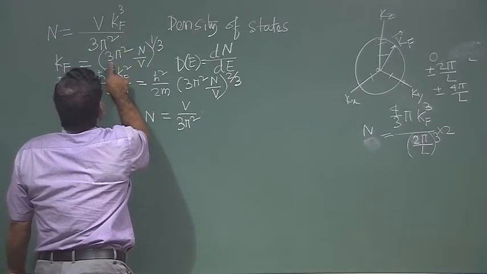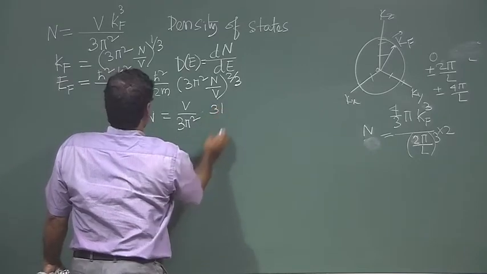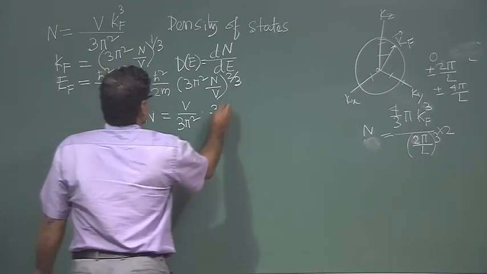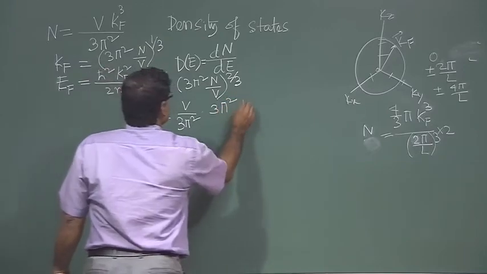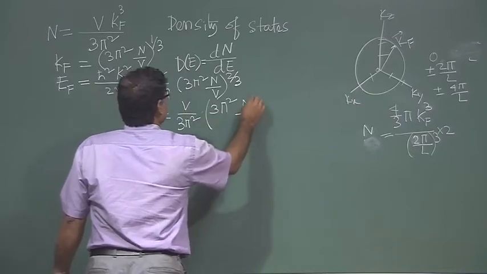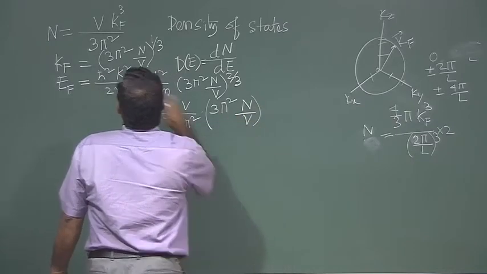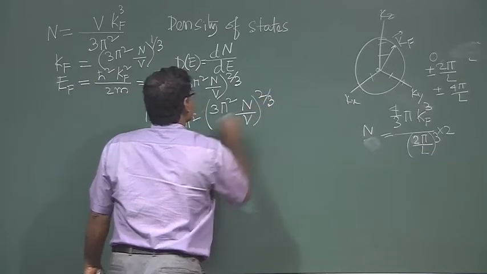So, this is kf. So, 3 pi square n by v to the power 2 by 3, right.